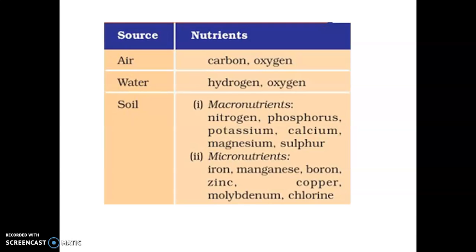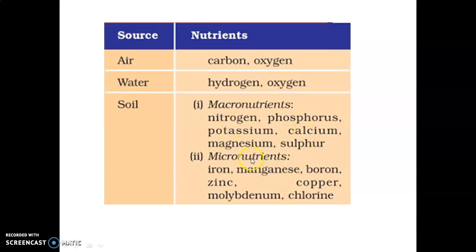So we know that altogether plants require 16 elements, isn't it? Carbon and oxygen, they will get from air, hydrogen and oxygen from water. Remaining 13 are they. Which are they? Nitrogen, phosphorus, potassium, calcium, magnesium, sulfur, iron, manganese, boron, zinc, copper, molybdenum, chlorine. Okay.